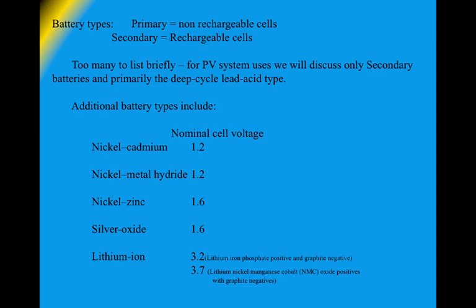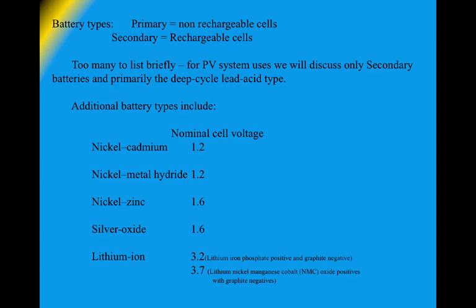So we want to be considering deep cycle batteries, and for the most part, this discussion will surround deep cycle lead-acid batteries. Additional deep cycle secondary cells include nickel cadmium, nickel metal hydride, nickel zinc, silver oxide, and lithium ion.